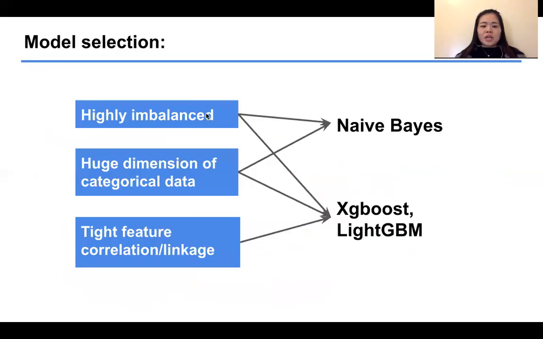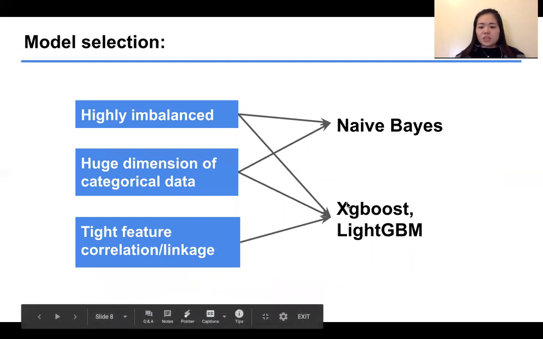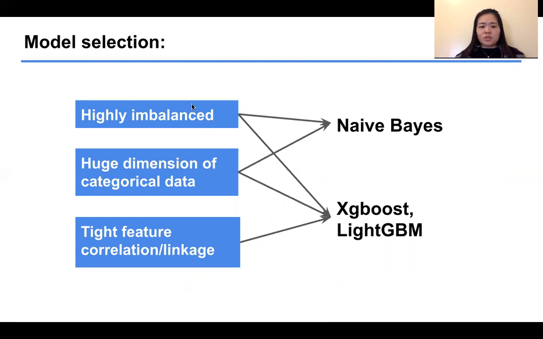As we can see, the challenges of the data are that it is highly imbalanced, with huge dimension of categorical data, and tight correlation of features. Therefore, I chose XGBoost and LightGBM to handle those 3 aspects, as well as naive Bayes as a comparison, which can only handle 2 aspects.